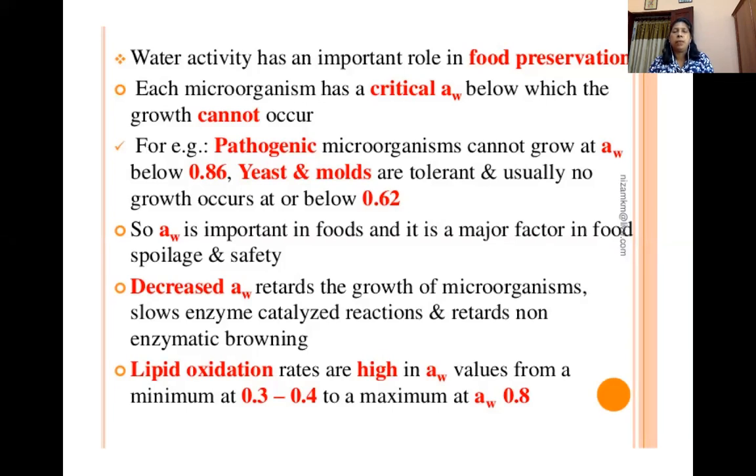Now you can understand why water activity is important, because if we want to keep the product for a longer period without microorganism growth, then we have to think not only about the pathogenic microorganisms, we have to think about the yeast and mold.